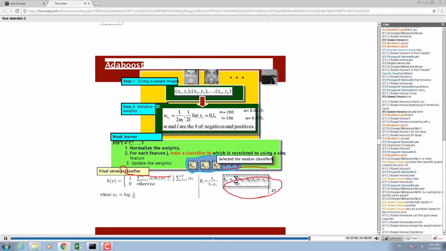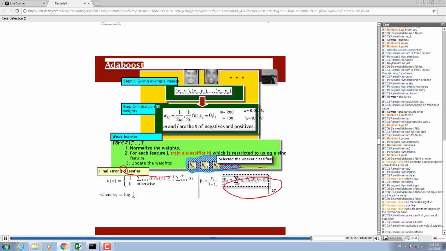So the selected weak classifier updates the weight based on its point of view. When the classifier thinks a sample image is good to classify, meaning it can be classified correctly by my current classifier, then it is good.